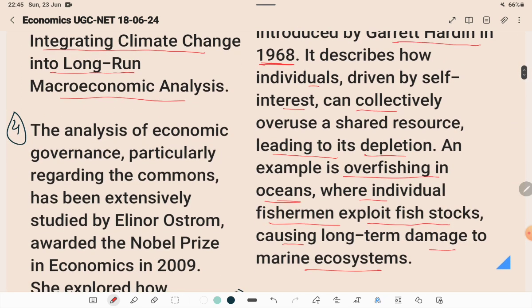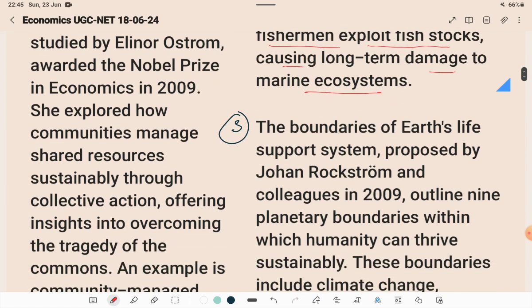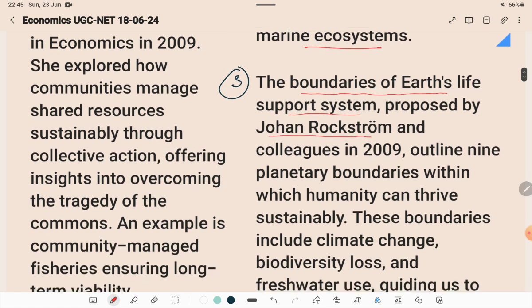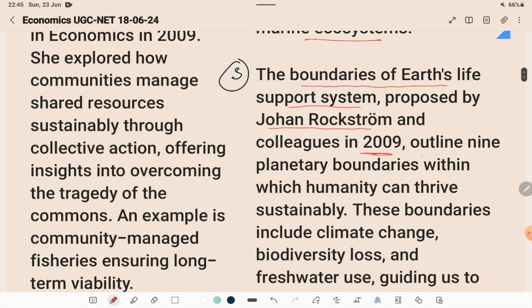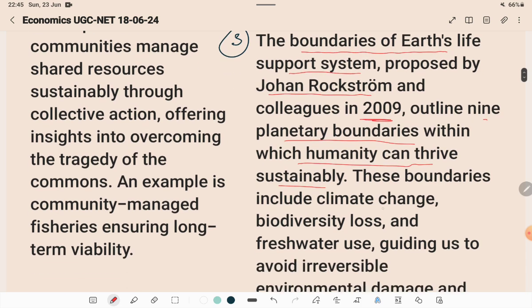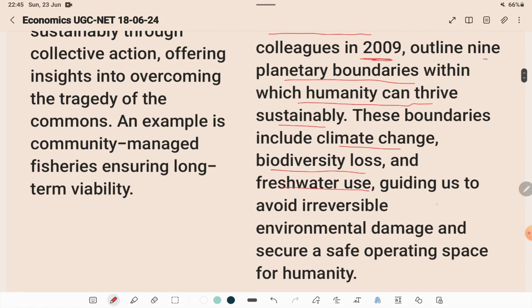And the third one, the boundaries of Earth's life support system, proposed by Johan Rockström and colleagues in 2009, outlined 9 planetary boundaries within which humanity can thrive sustainably. These boundaries include climate change, biodiversity loss, and freshwater use, guiding us to avoid irreversible environmental damage and secure a safe operating space for humanity.